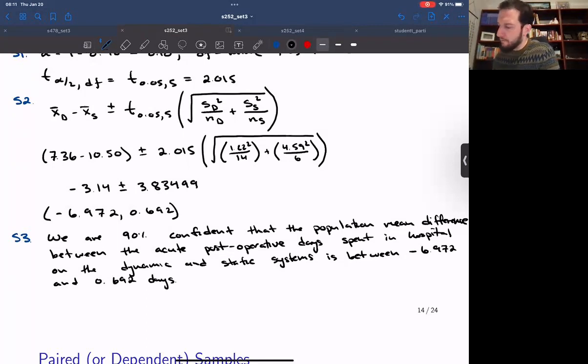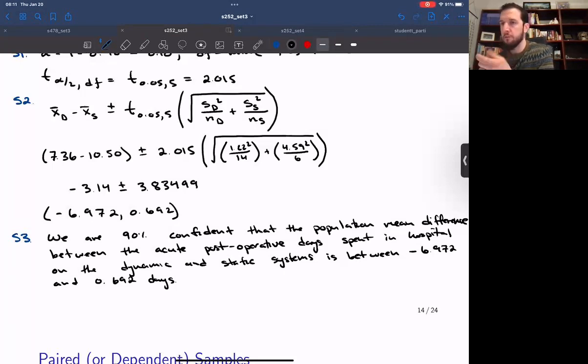All right, so we are 90% confident that the population mean difference. So again, this interval is for mu1 minus mu2, so the interval is about the difference between the two means. So we are 90% confident that the population mean difference between the acute post-operative days spent in hospital on the dynamic and static systems. That second part of the statement is basically explaining what the variable is.